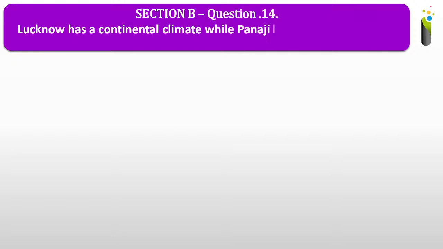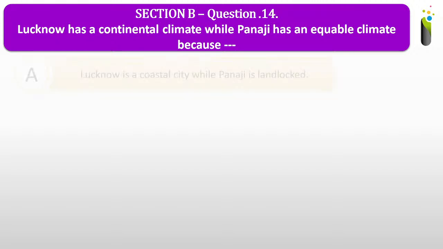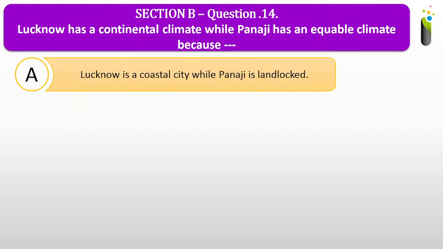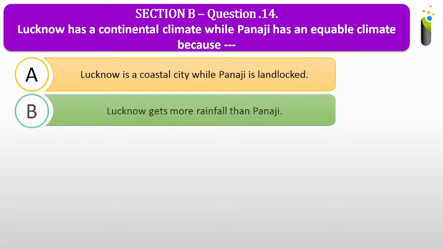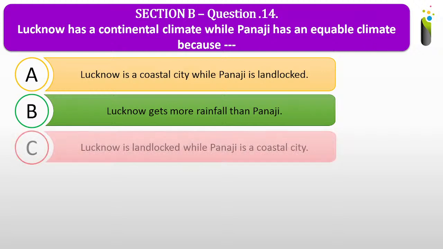Lucknow has a continental climate while Panji has an equable climate because dash. A. Lucknow is a coastal city while Panji is landlocked. B. Lucknow gets more rainfall than Panji. C. Lucknow is landlocked while Panji is a coastal city.